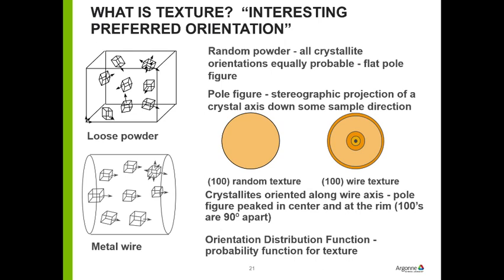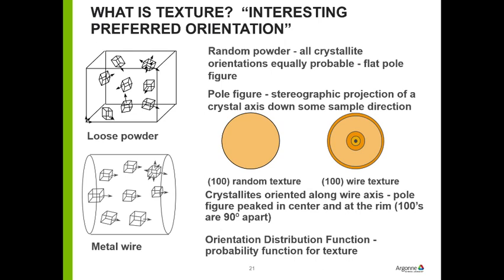If, on the other hand, you're looking at something like a wire in which all the crystallites are lined up along the axis of the wire, if the material is cubic, then the equivalent axes are also perpendicular to that axis. So you're going to see in the pole figure two features: a peak in the middle, for the ones lined up along the wire axis, and a rim around the outside, for all those which are perpendicular to it.